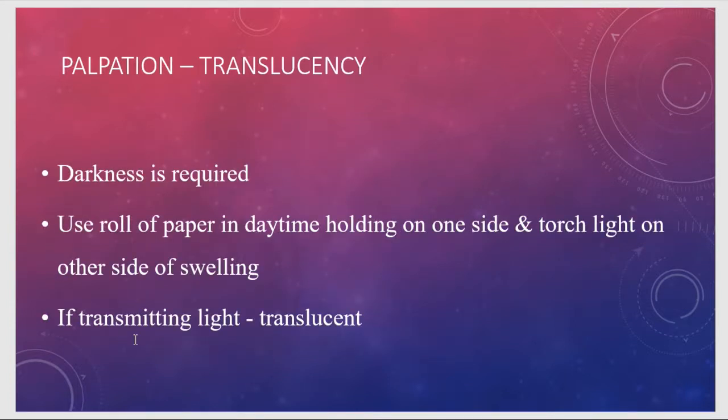For checking translucency, darkness is required, and during daytime examination we usually use a roll of paper held on one side of the swelling, and we keep the torch light on the other side of the swelling just opposite to it, just touching the swelling, pressing over the skin. If we can see the light through the roll of paper, it means the swelling is translucent and is transmitting light, as in the case of hydrocele, right?